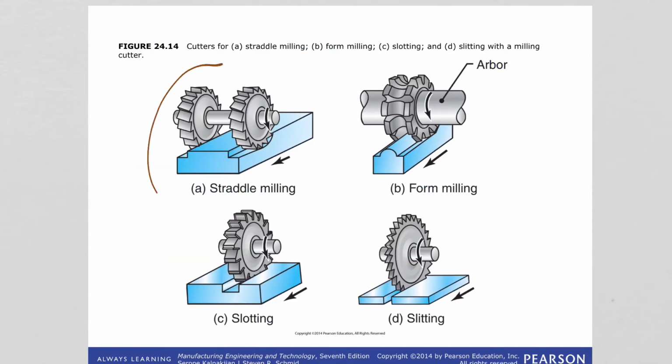Like in this image you are seeing. So these are side milling cutters. They are often spaced on an arbor. So an arbor is used for holding milling cutters, like this one right here.